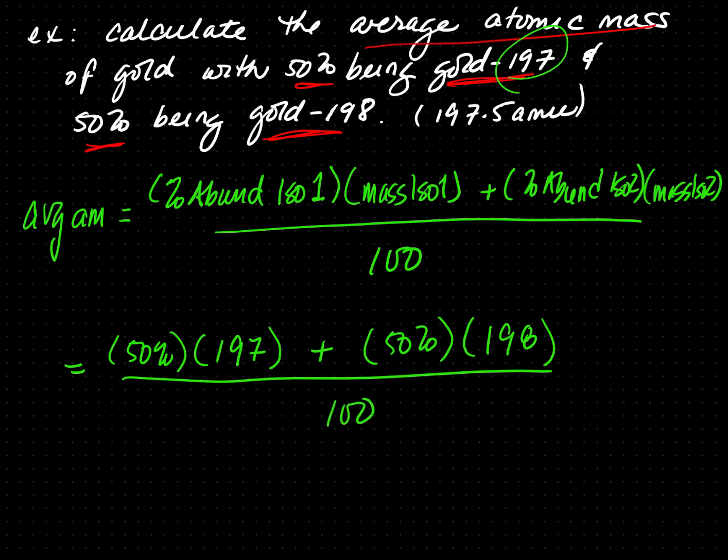So if you multiply 50 times 197, then you multiply 50 times 198, then you add, you divide by 100, and you get exactly 197.5. If units are not given, you can use AMU or you can use grams.